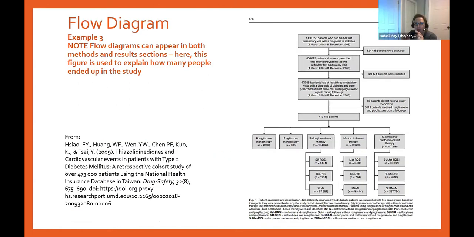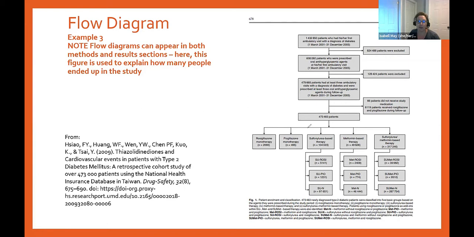I do want to share this flow diagram for those of you who were in this presentation 3 weeks ago. I used this flow diagram also as an example that you can use in your method section. In your method section, you would use this flow diagram for larger clinical studies, or even for larger survey-based studies, to describe a little bit the methodology, how you selected patients from like 1.5 million, you dwindle it down to 500,000, and how you organize them into the different groups.